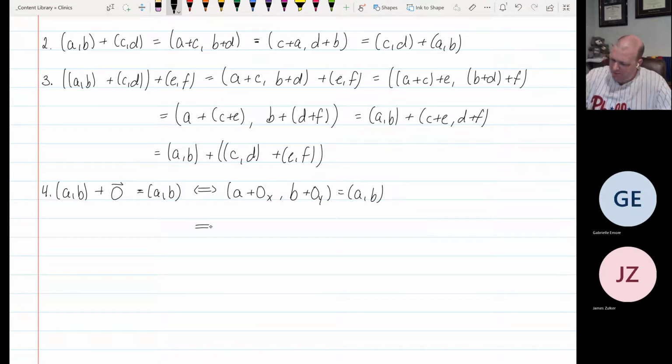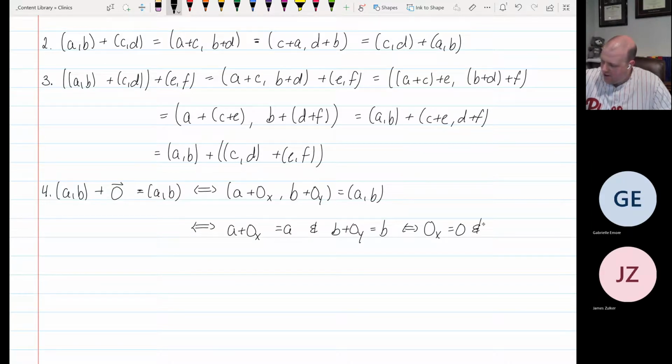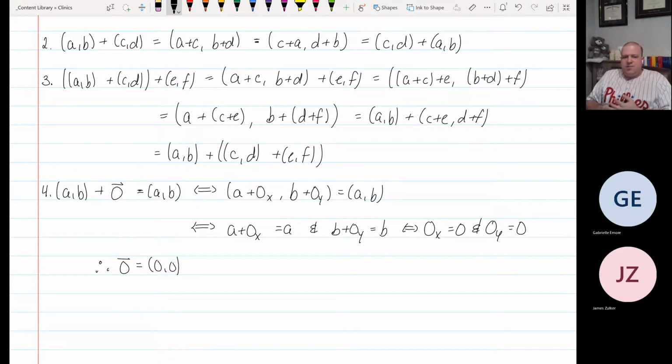This would be true if and only if A plus 0 sub x is A and B plus 0 sub y is B, which is true if and only if 0 sub x equals 0, and so does 0 sub y, because we're dealing with real numbers, and 0 is the additive identity for real numbers. So our additive identity is just (0, 0).